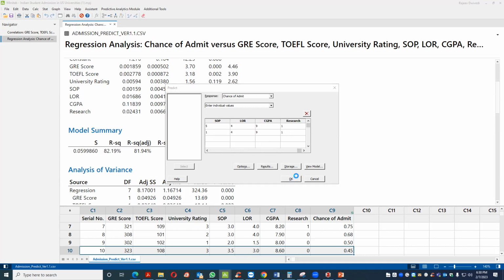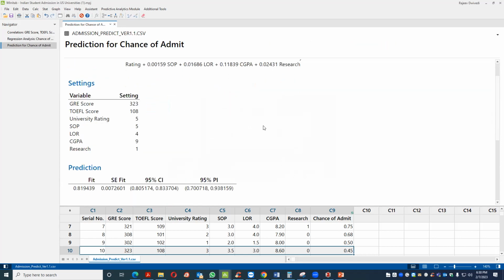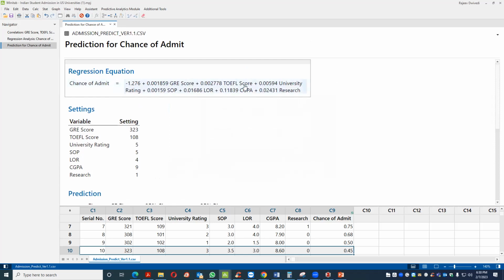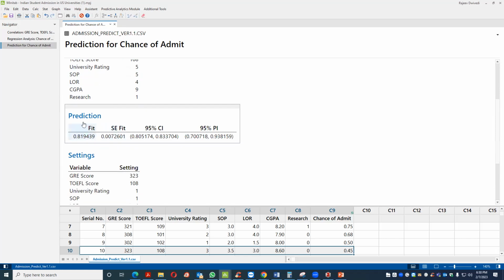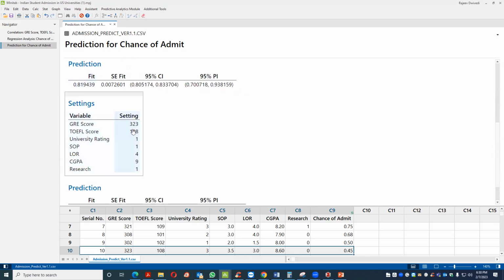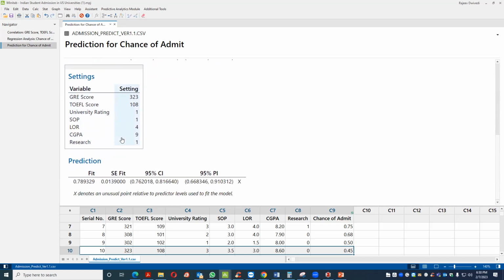Okay, now look into this. When you see this first one, where I put these numbers, the chance of admission is coming 81, or you can say 82%. When I made both the items highest and lowest, it is coming 79%.